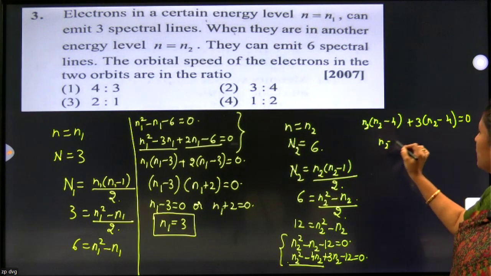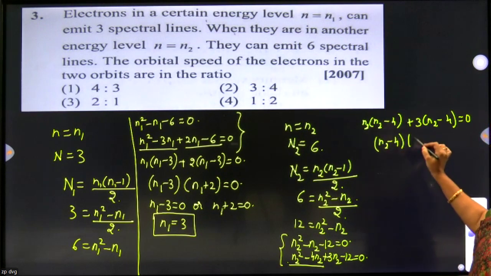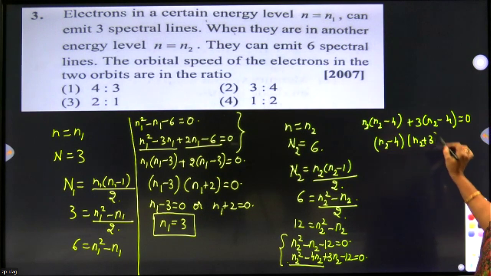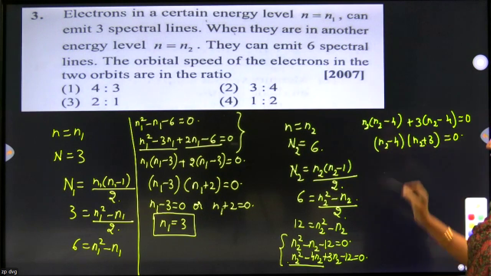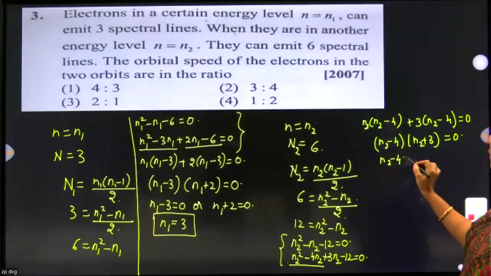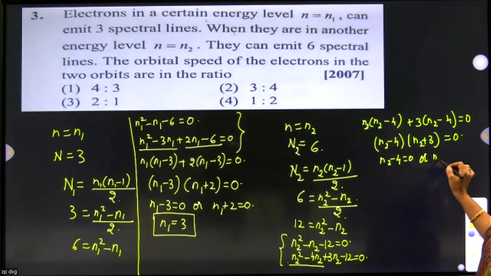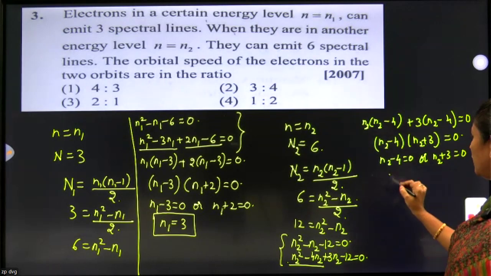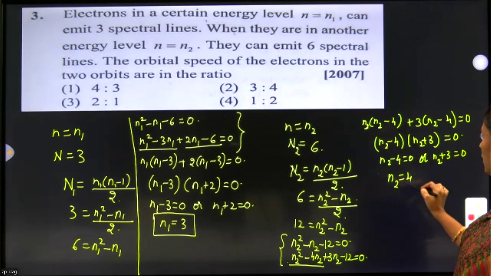Here n2 minus 4 is common, n2 plus 3 that equal to 0. Here n2 minus 4 equal to 0 or n2 plus 3 is equal to 0. Taking positive value, n2 is equal to 4.